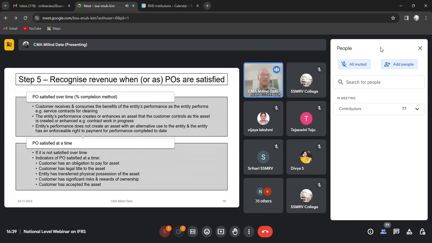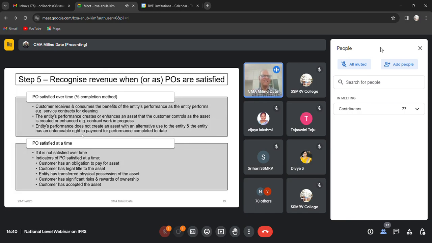And the entity has also parted with the physical possession because it has been handed over to the customer. Once the product is handed over, if something happens to the product, the customer has to bear the risk. Of course, if it is within warranty, the company will satisfy it.